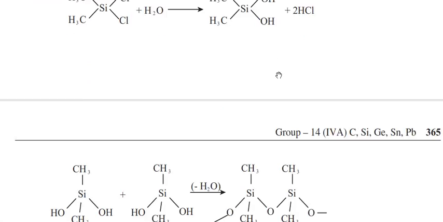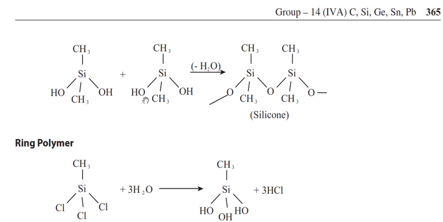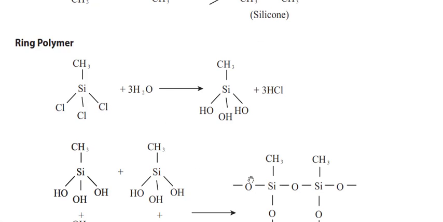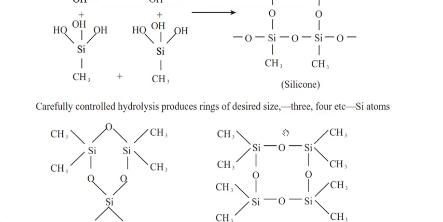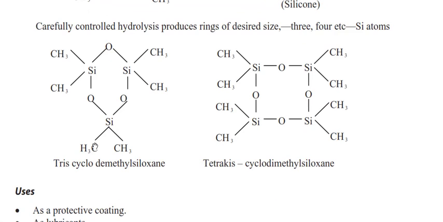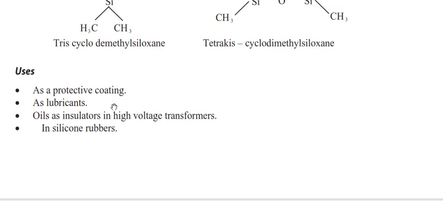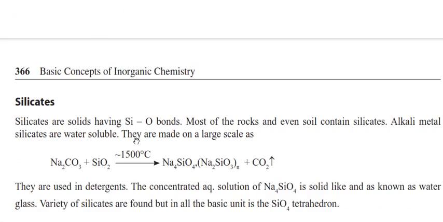So from the diols you can make this kind of silicone, or some kind of ring polymerization that we learned last semester. Then you can carefully control the hydrolysis procedure for the desired size. So it can act as a protective coating, lubricant, oil as an insulator in high voltage transformers, and silicone rubber.